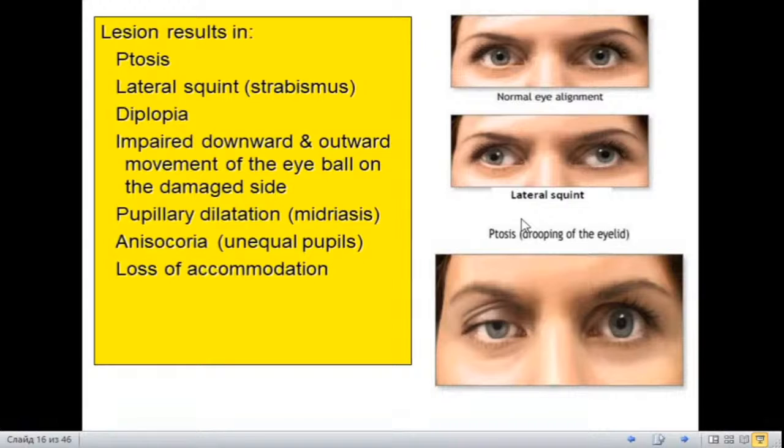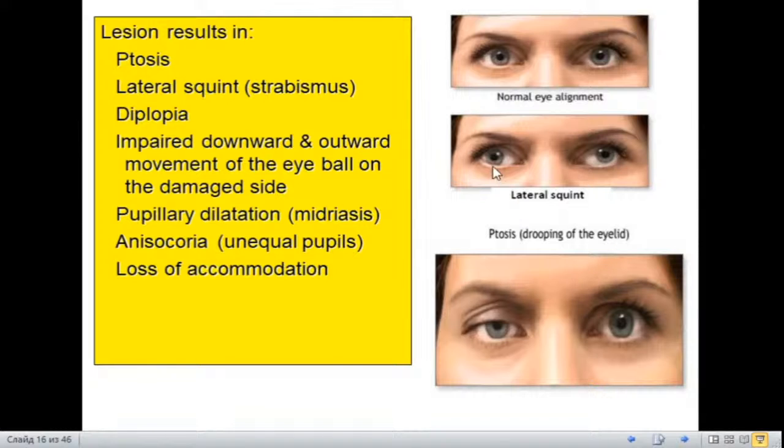In case of damage to the oculomotor nerve, there are some signs that appear. First one is called ptosis, or drooping of the eyelid. It is due to lack of innervation of the levator palpebrae superioris muscle. Then, strabismus or lateral squint.